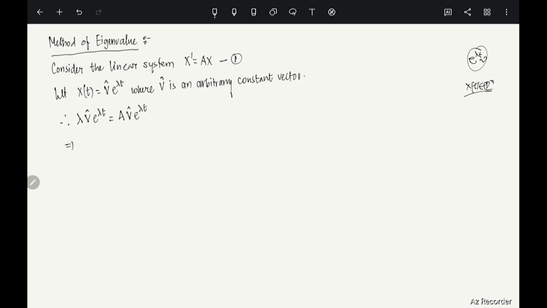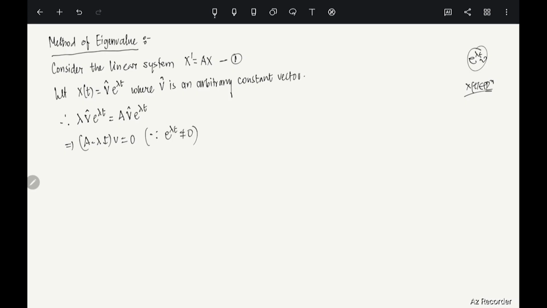Now if we put everything together, it becomes A minus lambda I times v equals 0, since e to the power lambda t is never going to be 0.